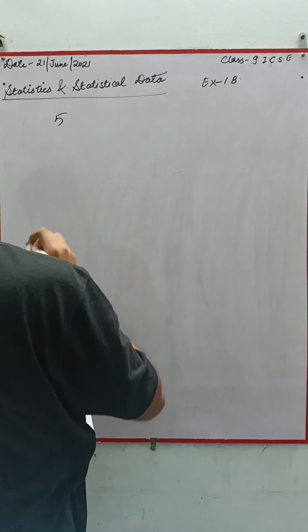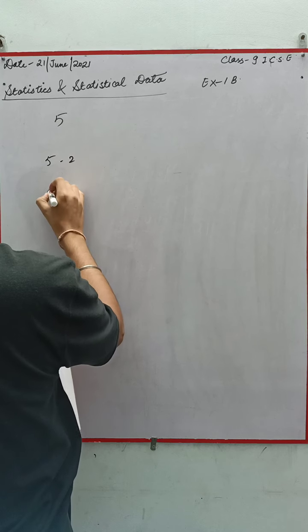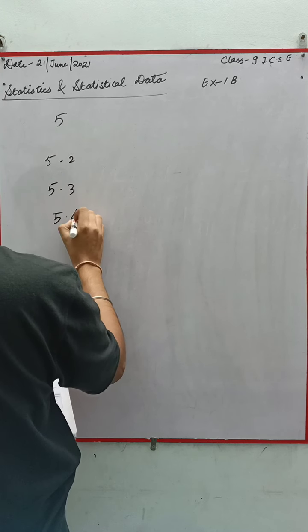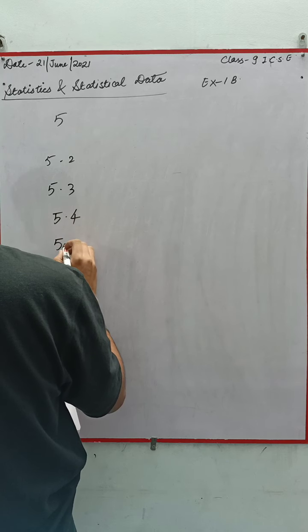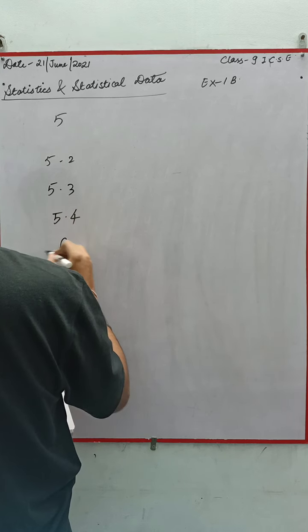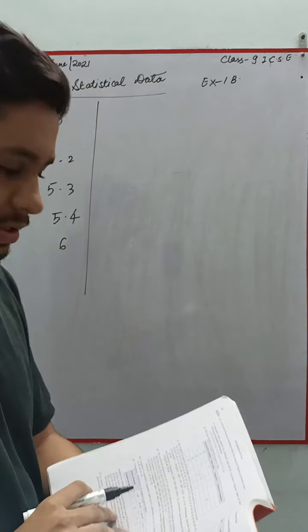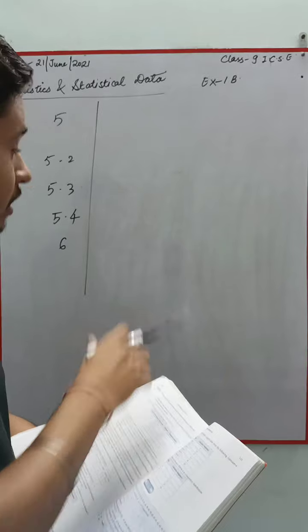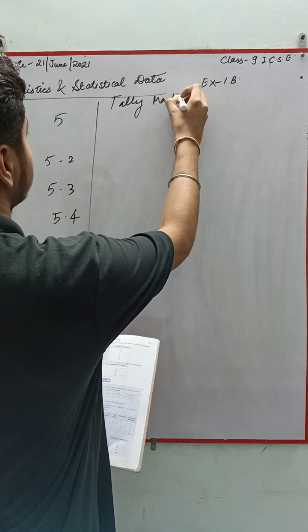Just see the numbers: 5, then 5.2, then 5.3, then 5.4, then 5, then 6. With this we need to make a tally mark column.